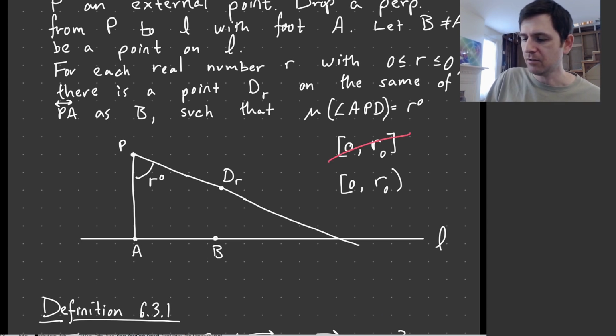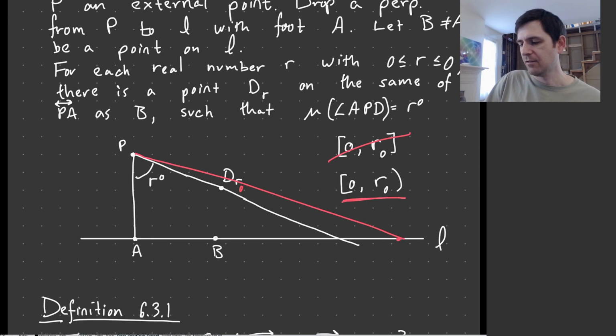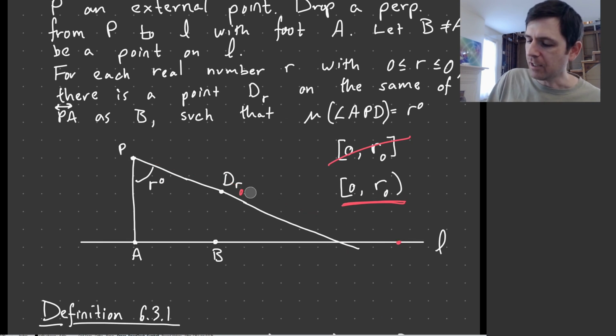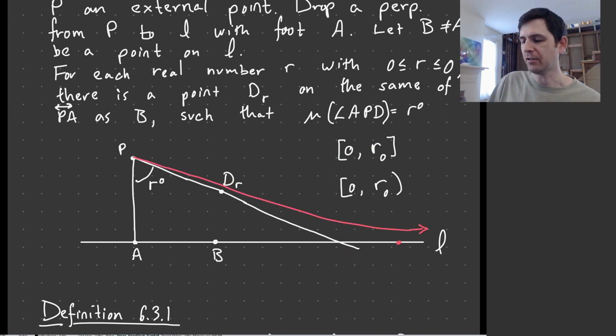And it can't be closed, because if this were R naught, then I can easily find something bigger than it that should be in that set. So there's no biggest element. And that's what's happening here: R naught is not in this set. So the angle R naught is going to be the first line that is parallel.